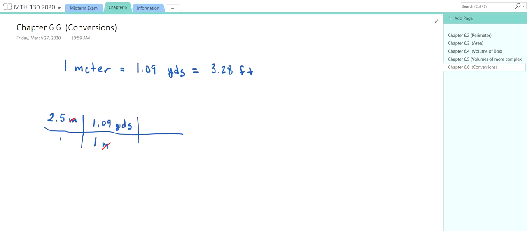Okay, but I want to continue on and do this in one calculation. So now I want this in feet. I know there's 3.28 feet in, well, I know that there's 3 feet in a yard. So 1 yard, because I'm going to try to get rid of yards, equals 3 feet.